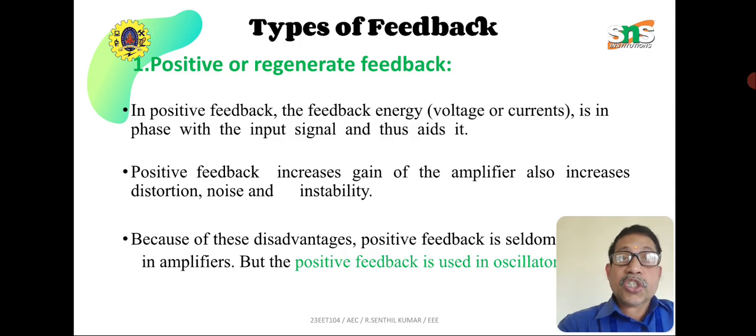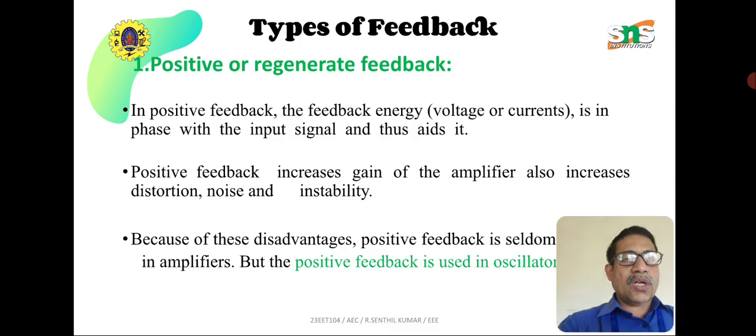Also, the distortion increases, similarly the noise also increases, and the instability also increases. You mean for a positive feedback, since the output is connected in phase to the input, all the parameters in an amplifier increase in nature. The gain increases, which is the benefit to us, whereas distortion increases, noise increases, and the stability decreases. You mean it is instability.